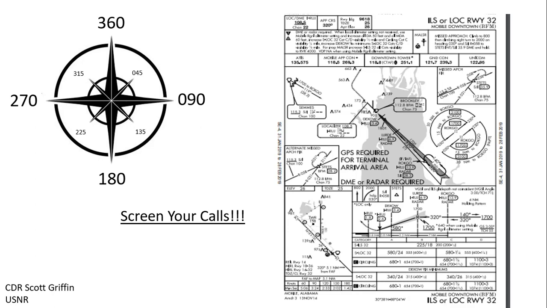Well, there's really only 3 things you need to know when you're flying the airplane: what is your heading, what altitude are you expected to climb to or fly, and what are you cleared to do?